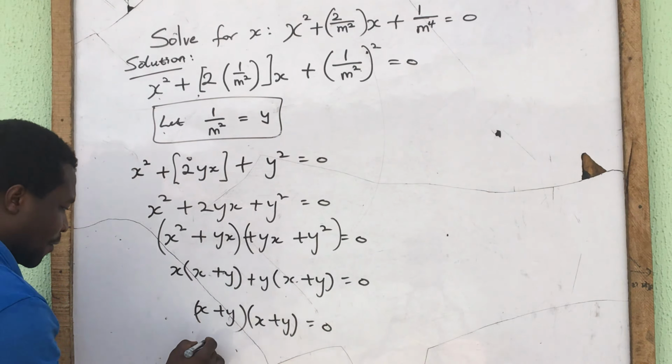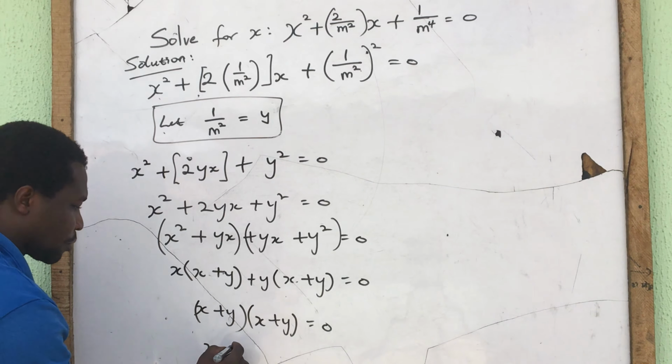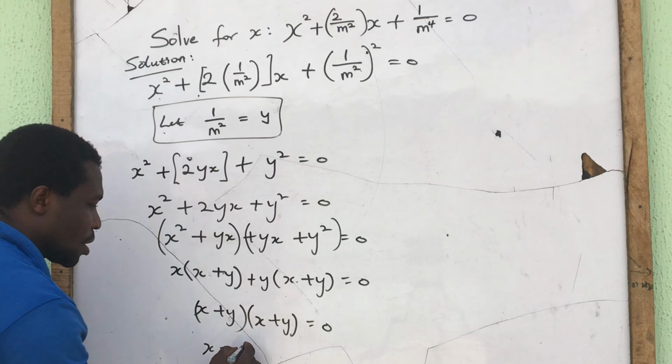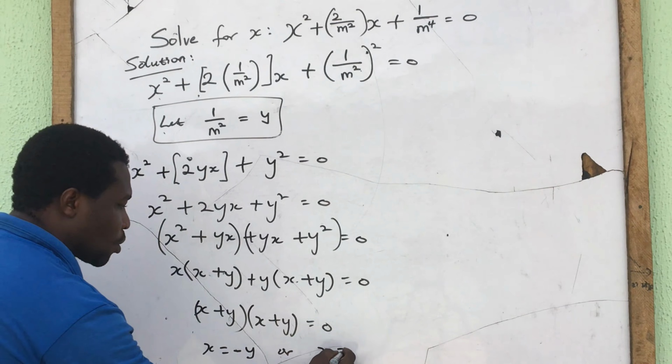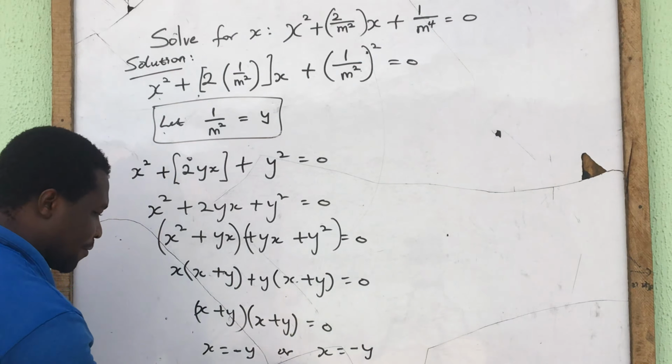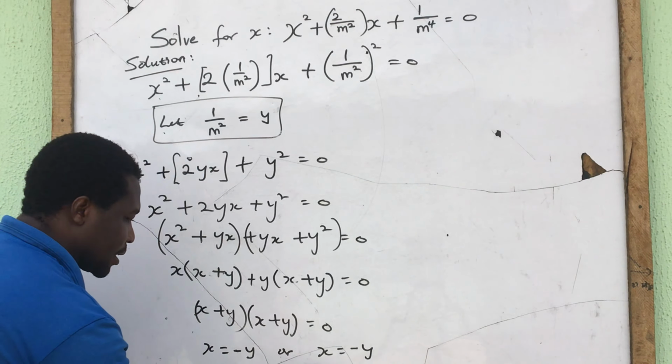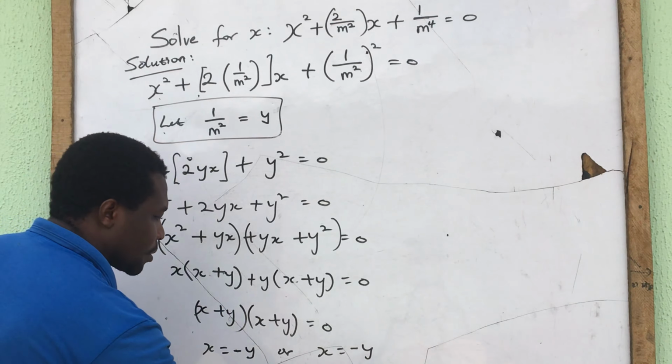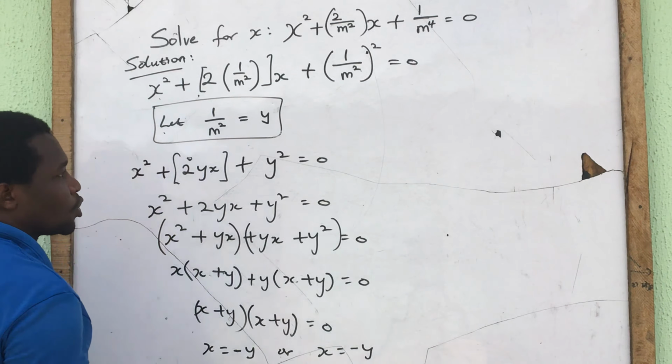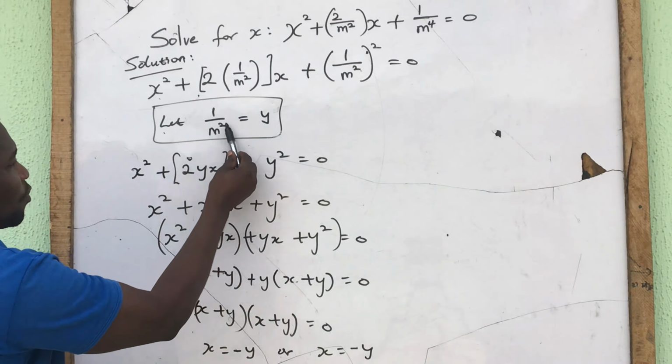Therefore x equals minus y, twice. But remember y equals 1 over m squared.